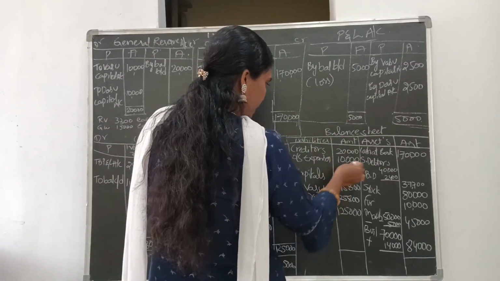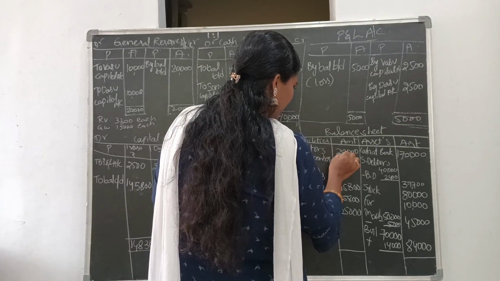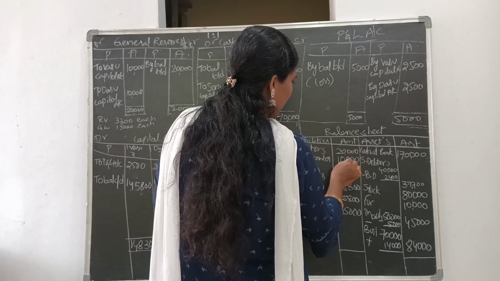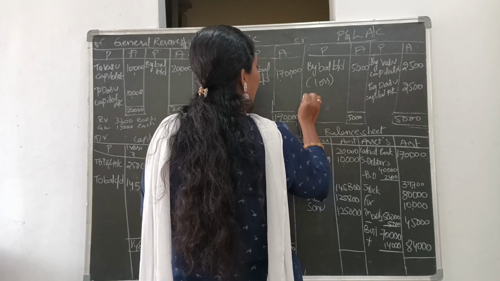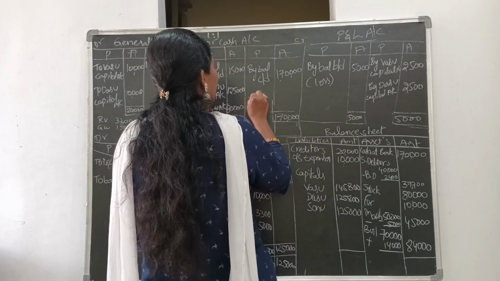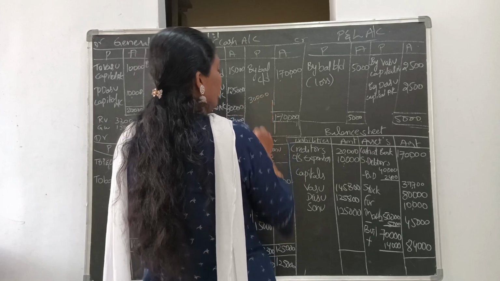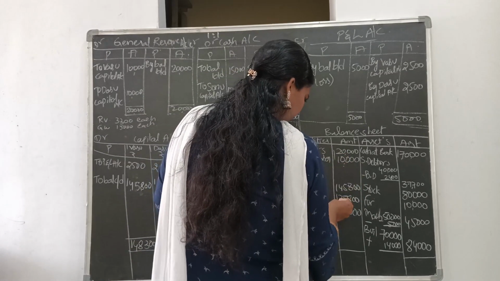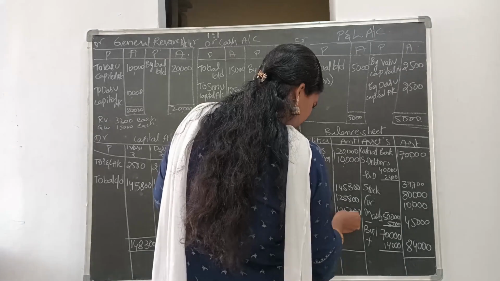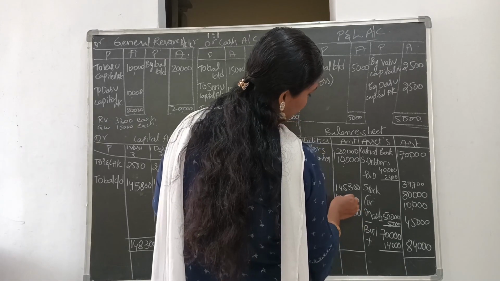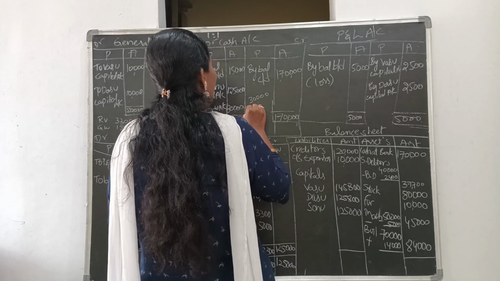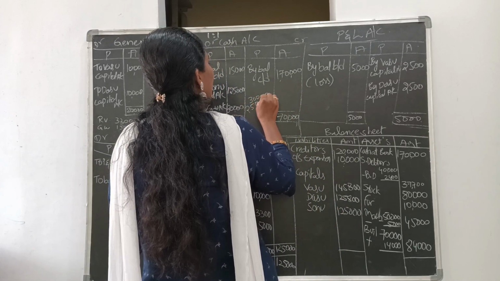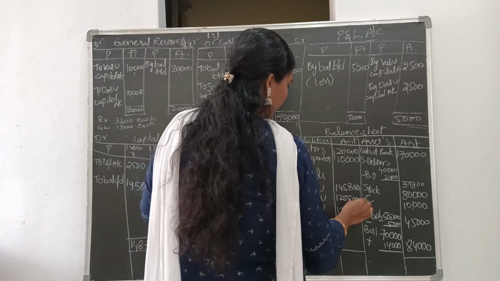So this side: 20,000, 30,000. Yes, I am adding 30,000. And this is 30,000 and 1,25,000, 1,25,000, 2,50,800. Yes, 2,50,800. These two I am adding.